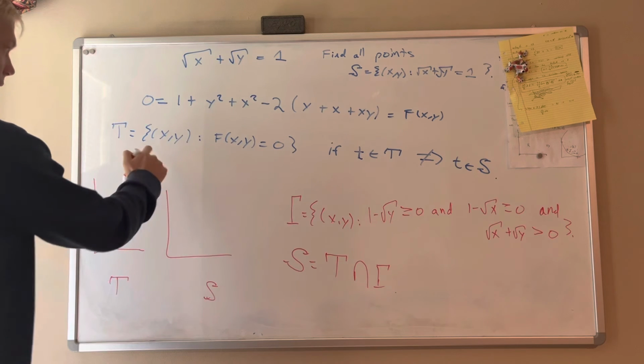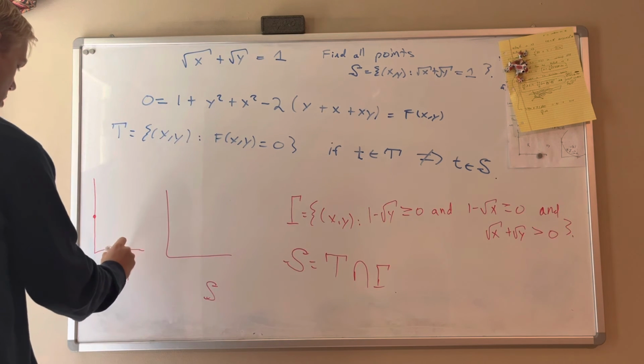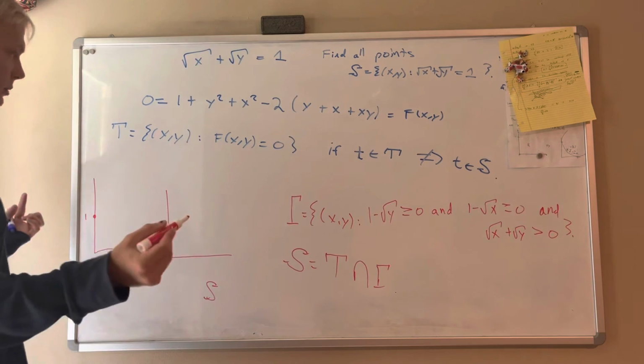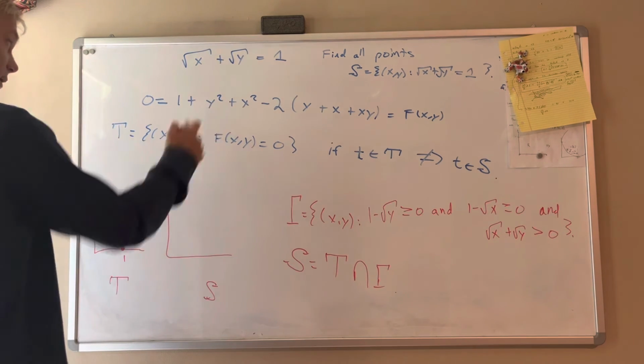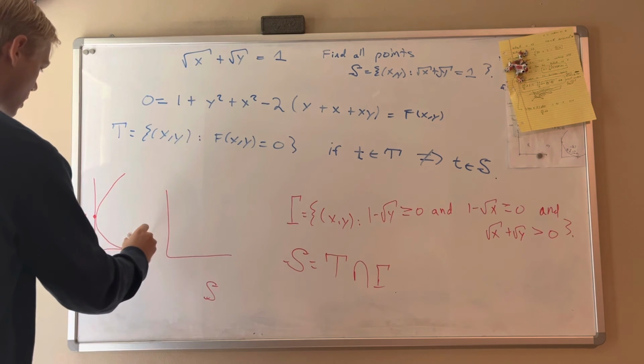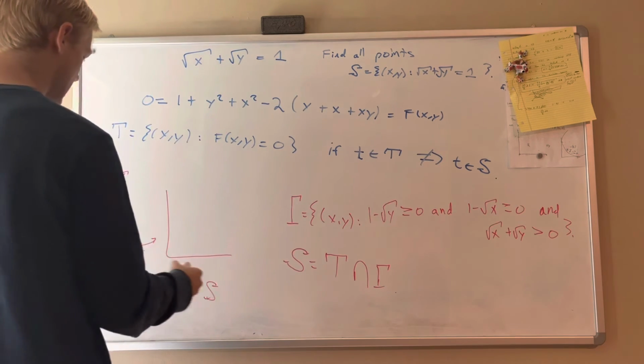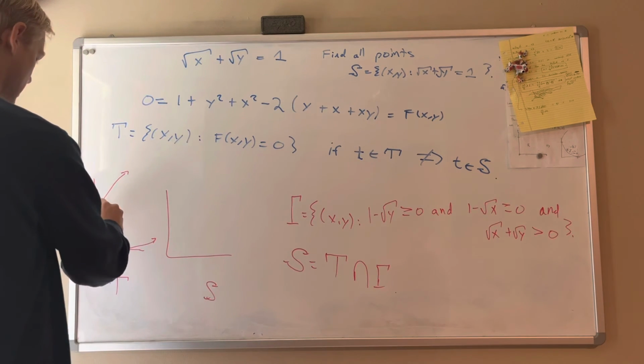But T is this, so you get something like this. I used the computer to plot what this is. And S is now going to be, it intersects there.